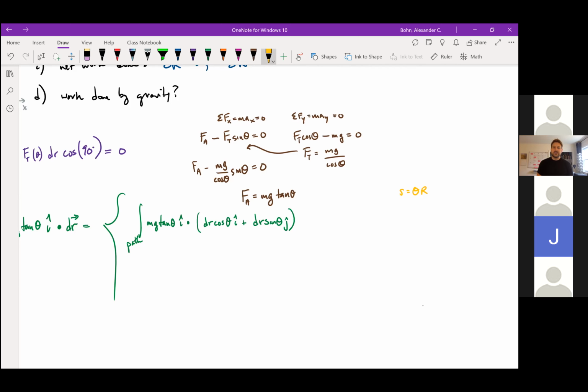For a circle of radius r, where theta is expressed in radians, the arc length s is given by this formula. We know that because the circumference, the total arc, is 2 pi r. 2 pi radians is once around a circle.